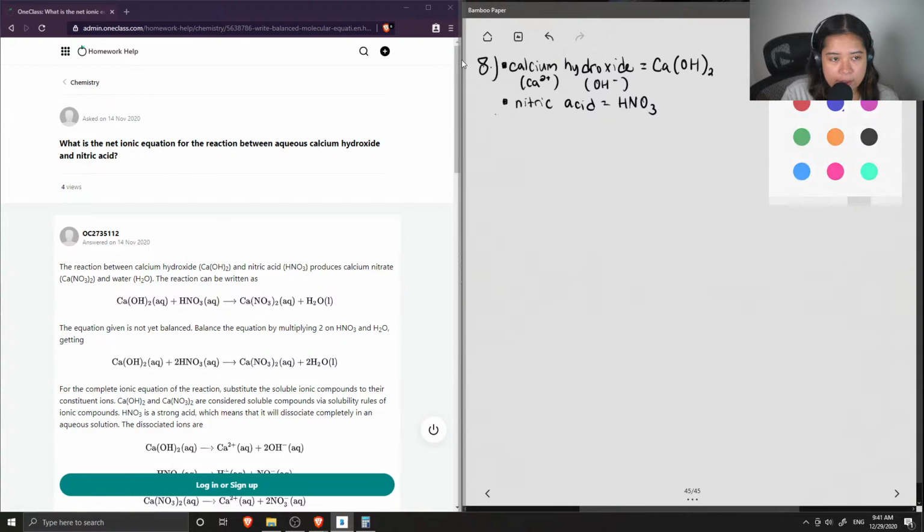Okay, so now that we know their chemical formulas, let's write out a reaction between the two.